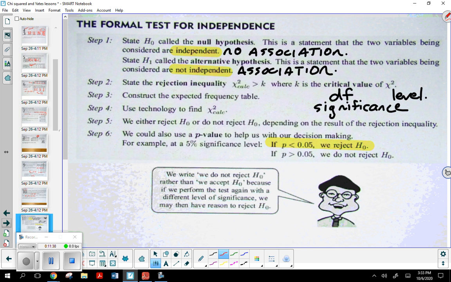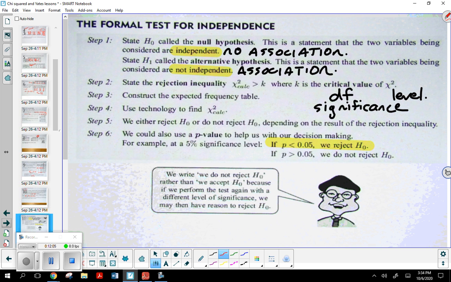Like if I go ahead and perform a test at 10%, it could say that there is a relationship between the two quantities. But if I perform the same test again at 1%, it might decide that now there's no relationship. So that's why we go ahead and word this the way we do. So we either reject or we do not reject the null hypothesis. Okay? Very similar to what we were doing with the t-test.